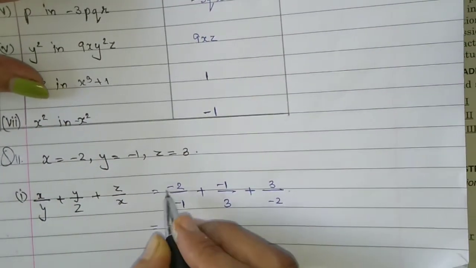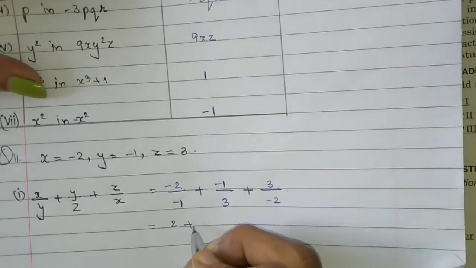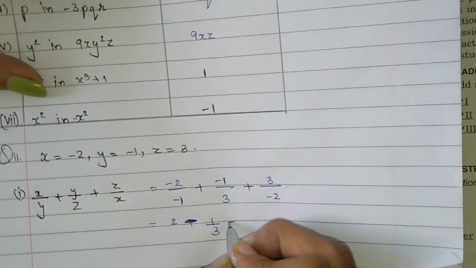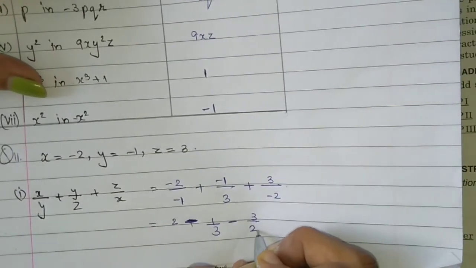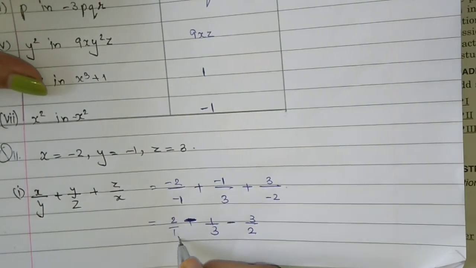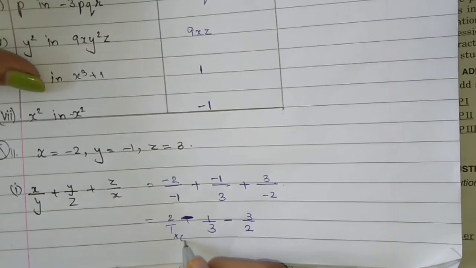So let us write: minus minus cancels to 2, plus minus is minus 1 by 3, plus minus 2, 3 by 2. Now we'll take out the LCM. Okay, 1 multiplied by 2 into 3 into 2 is 6.